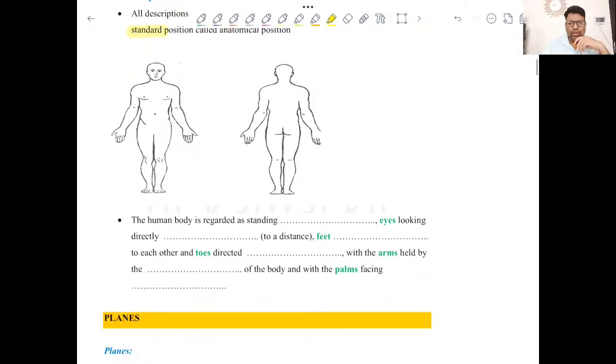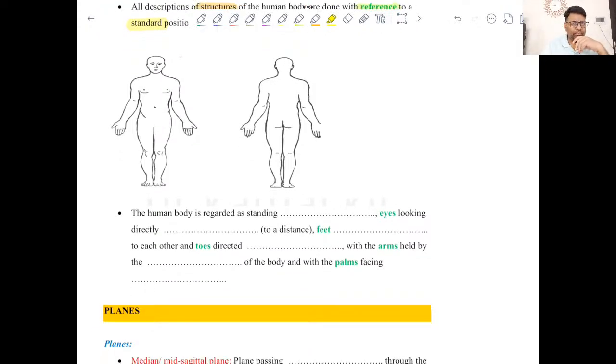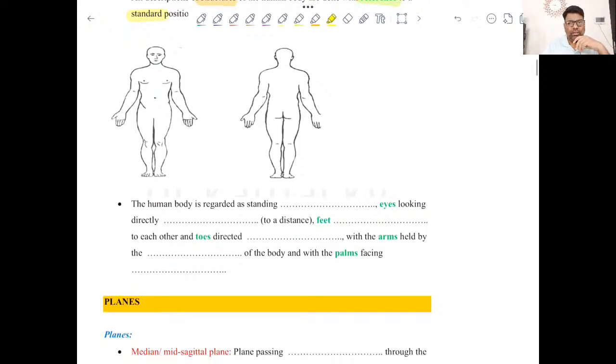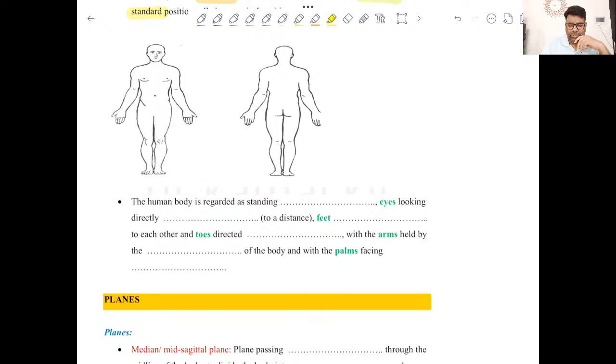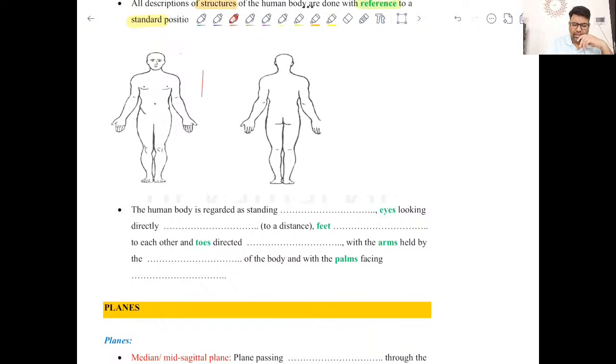Now when we talk about the anatomical position, in which position do we have to keep the subject so as to call it an anatomical position? If you look here, the subject is standing upright, right? So the very first thing is the subject is standing erect, or you can say upright.